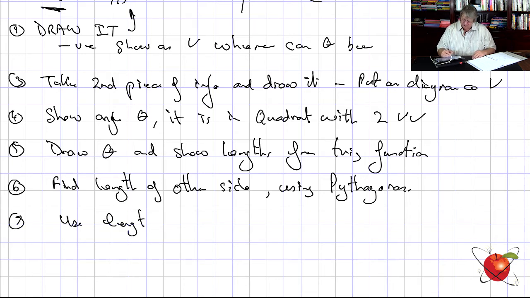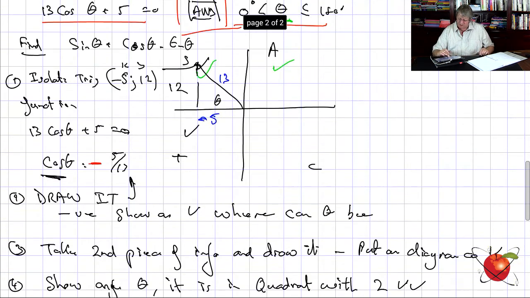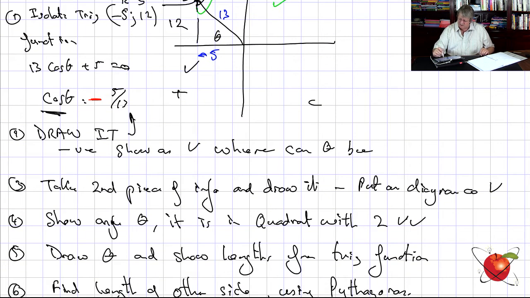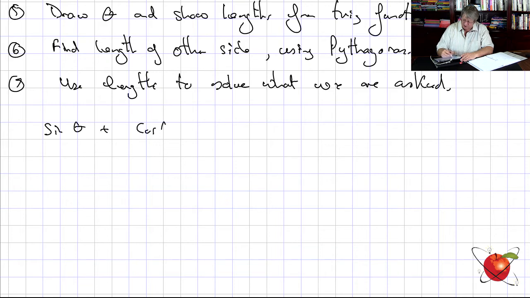Use lengths to solve what we are asked. In this case, let's go and have a look. Find sine theta plus cos theta tan theta. So we would say sine theta plus cos theta times tan theta.